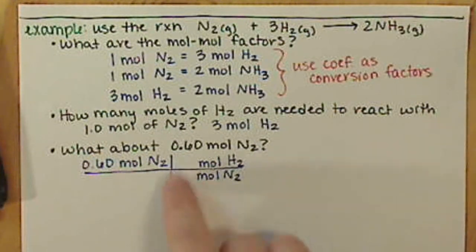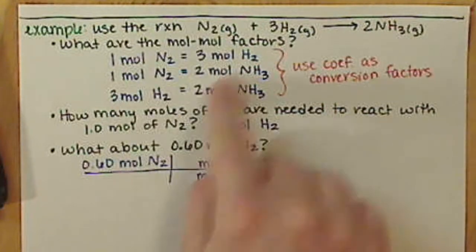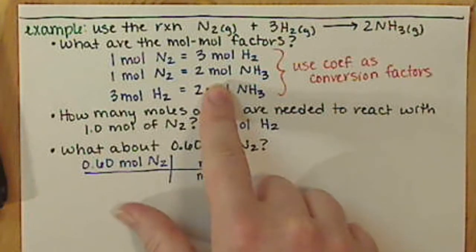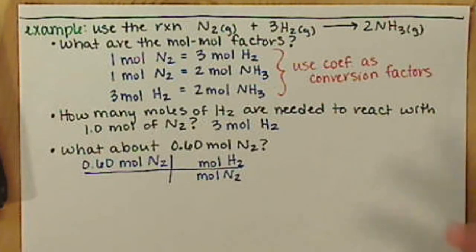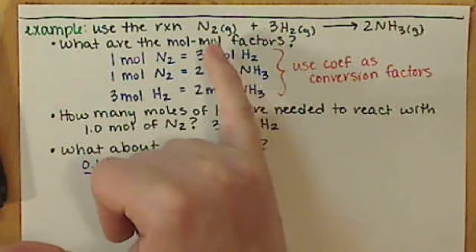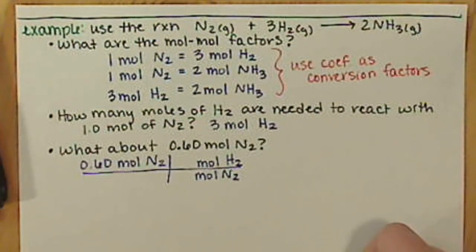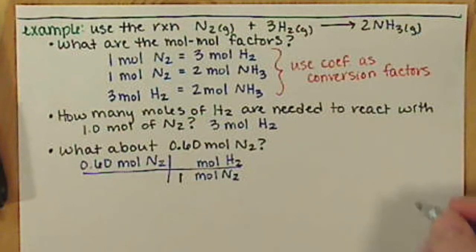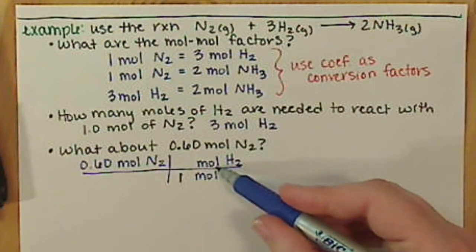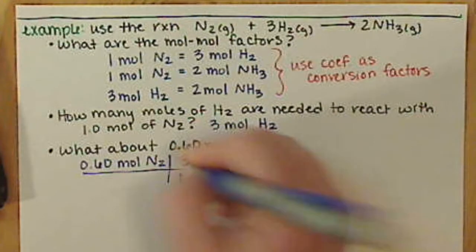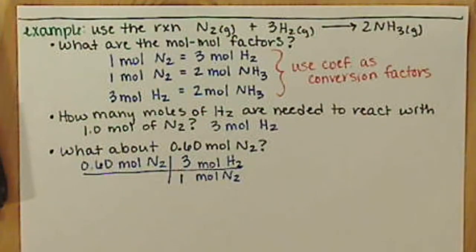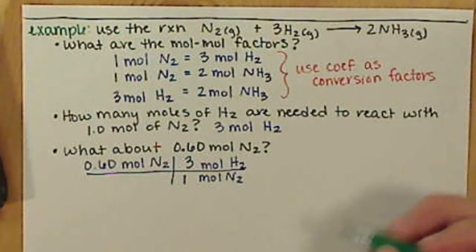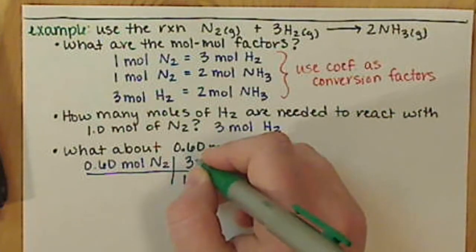So to fill in this ratio, we can use these mole-to-mole factors that we wrote out. Or what you'll find as you get used to this is you can just use the coefficients from your balanced chemical equation. Our coefficient for nitrogen is 1. Our coefficient for hydrogen is 3. I'm going to make a little mess of the notes, but show you where these numbers come from.